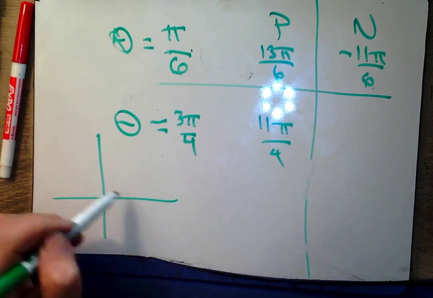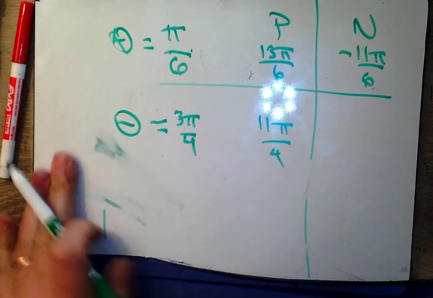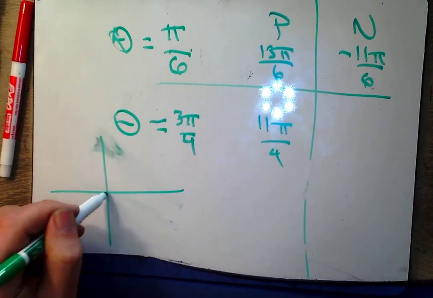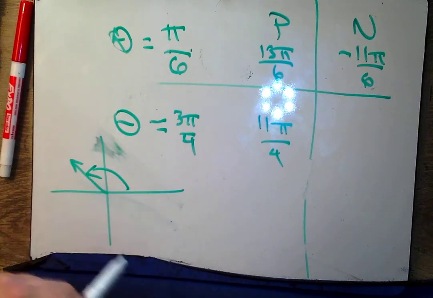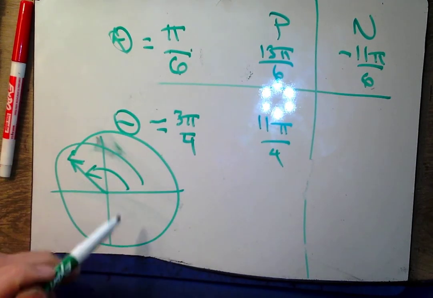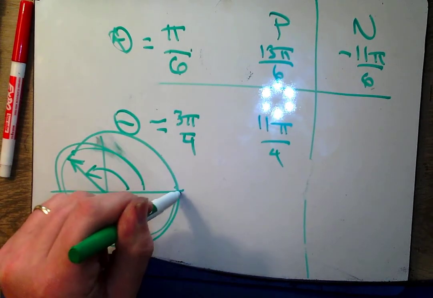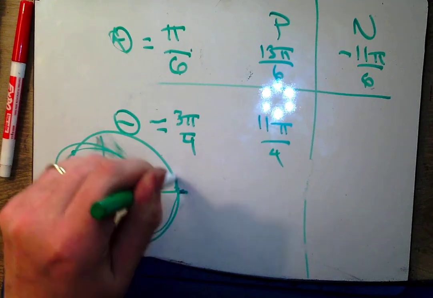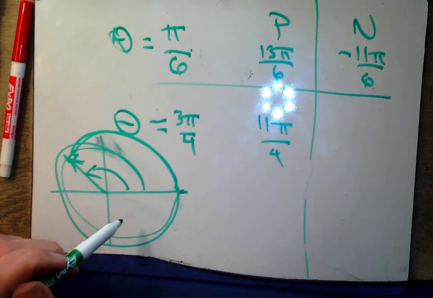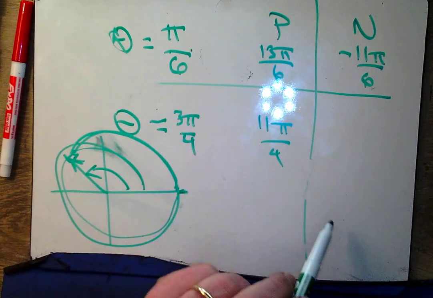And if I think about that, here's 3 pi over 4. Well, if I go once around plus 3 pi over 4, I'm going once around, that's 2 pi, to get me back to here, and then another 3 pi over 4. So yeah, just adding once around to that gets me back.